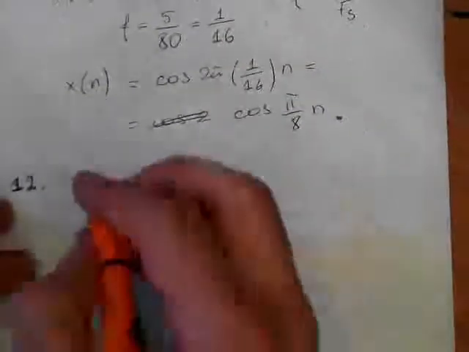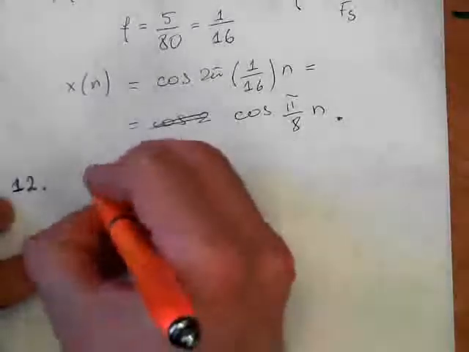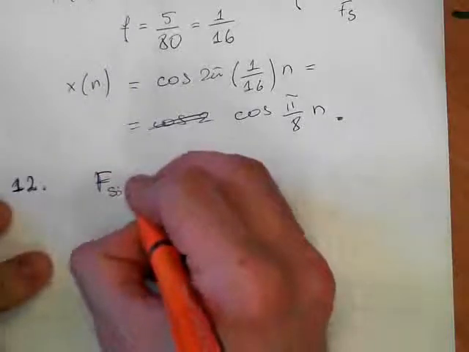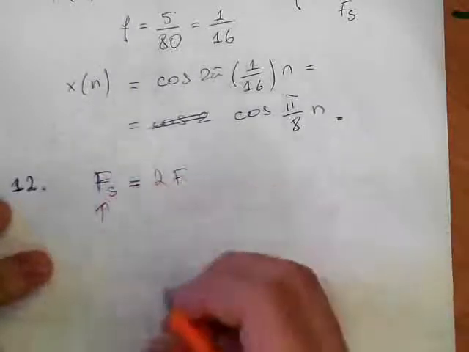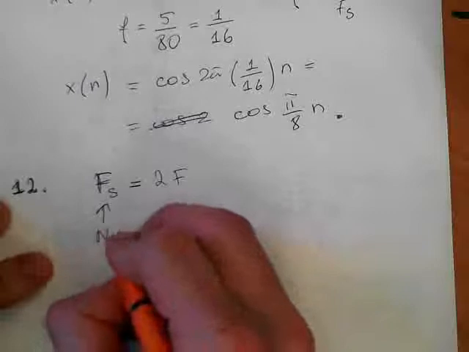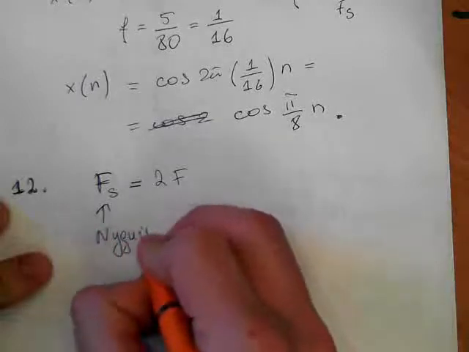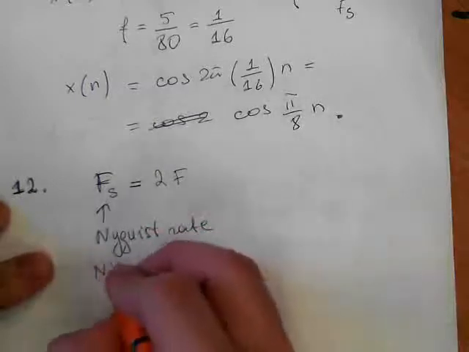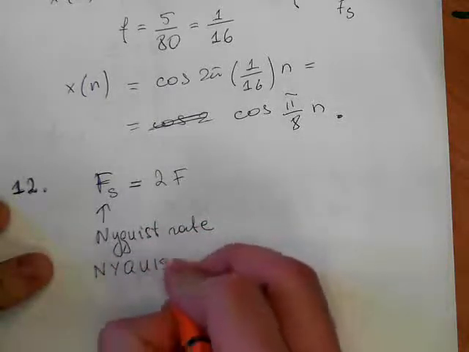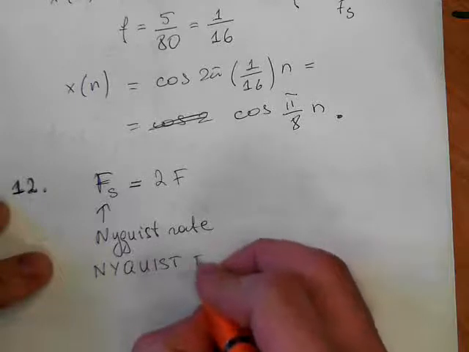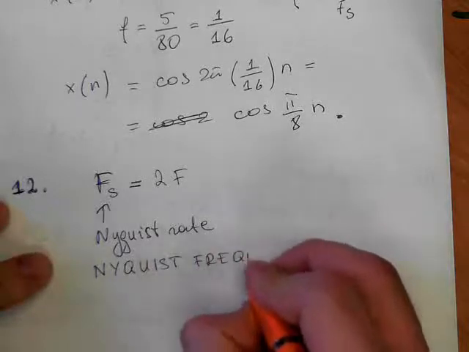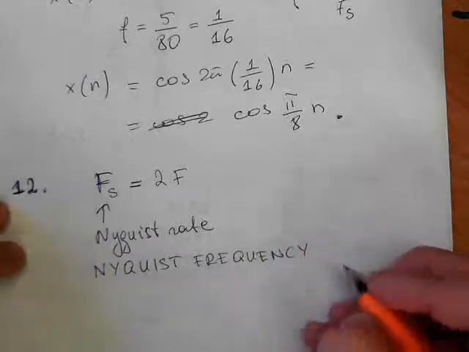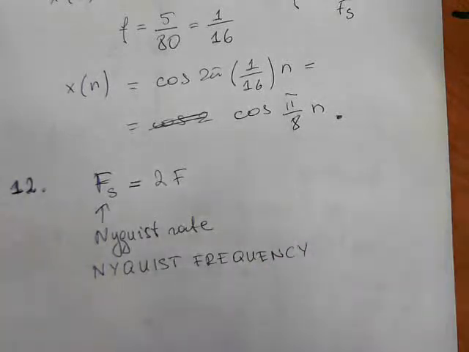Okay, we can write that Fs is equal to 2f. So this sampling rate is called Nyquist rate, or I'll write in capital, Nyquist frequency. Nyquist rate or Nyquist frequency.